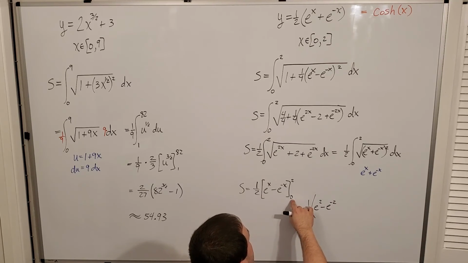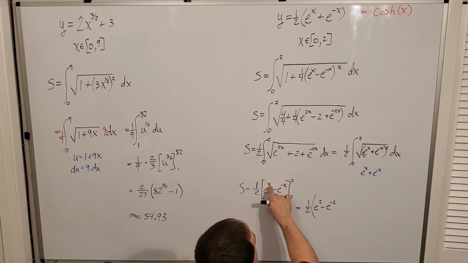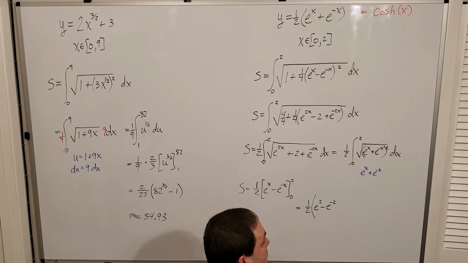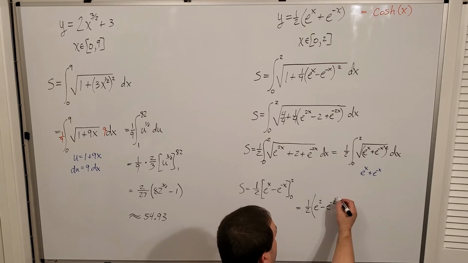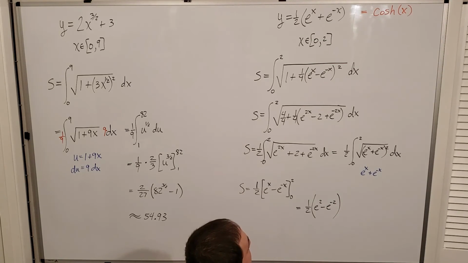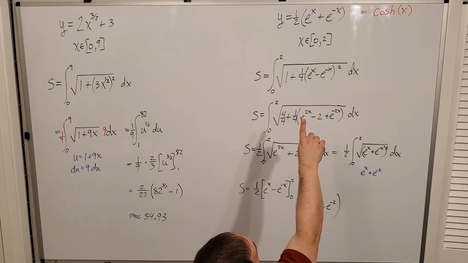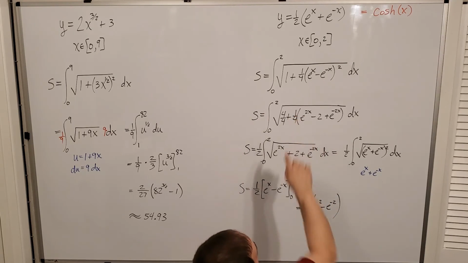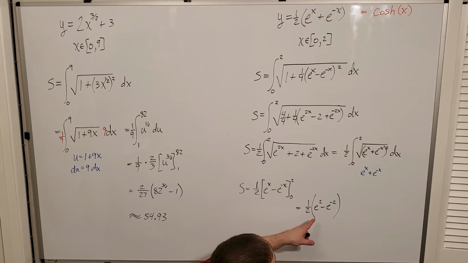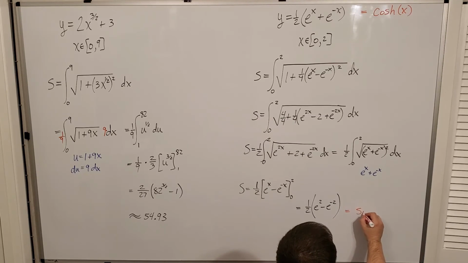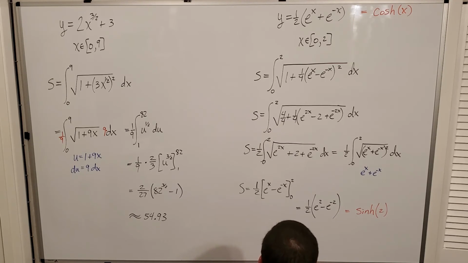And then when I plug in 0, e to the 0 minus e to the 0 is 0. So I've actually just got this right here, which if you've ever seen the patterns before, you'll notice this is very similar to what we started with, except it has a minus. This is actually equal to what we call the hyperbolic sine, sinh, of 2.